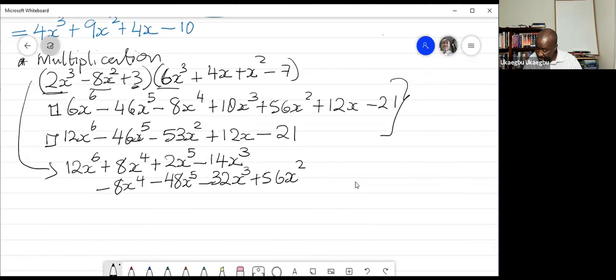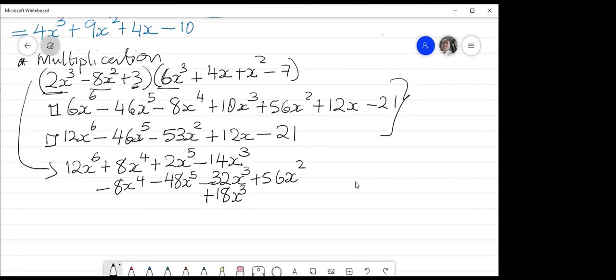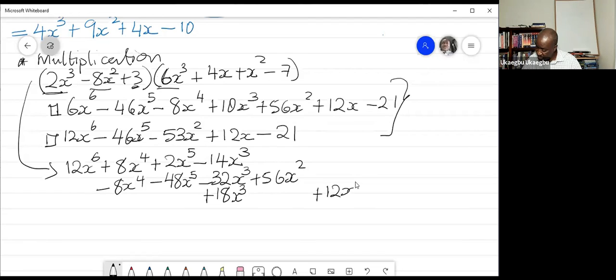So that should be plus 18x raised to power 3. Then we go again. 3 times 4 is 12, so we have plus 12x.